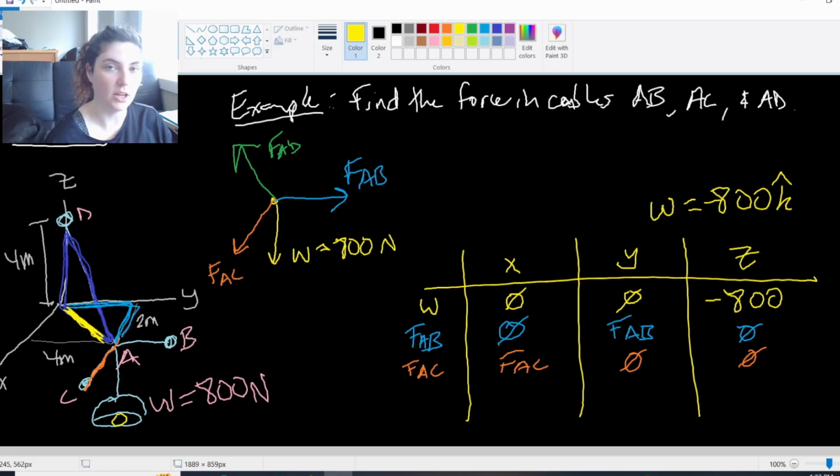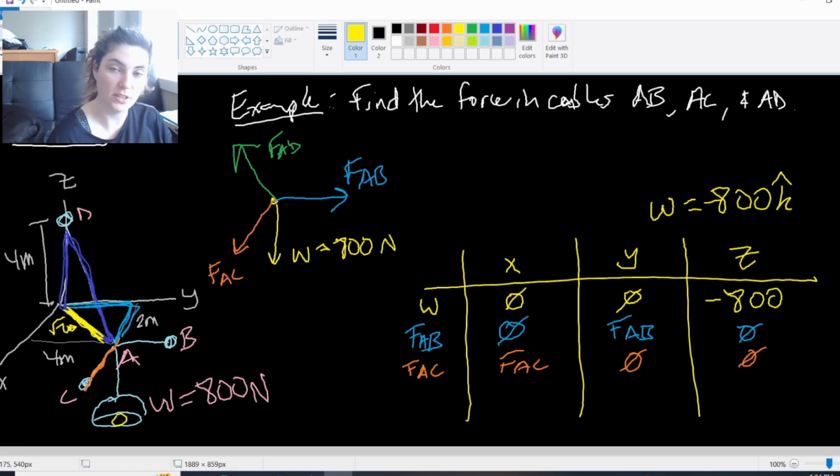So 2 squared plus 4 squared is 4 plus 16. Square root of 20 is this length down here. I will do it in yellow. Square root of 20 meters. And then I have this 4 meters in the z direction up. So I can do, again, Pythagorean theorem just to find the length.